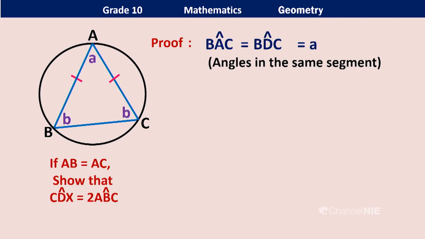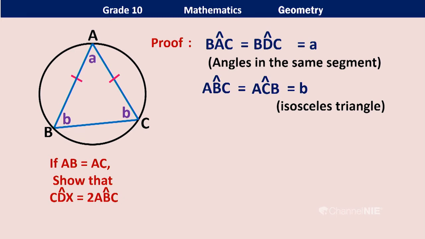So, we will name angle ACB also as simple B. Now, we can have a relationship as angle ABC is equal to angle ACB equals B. The reason is ABC is an isosceles triangle.